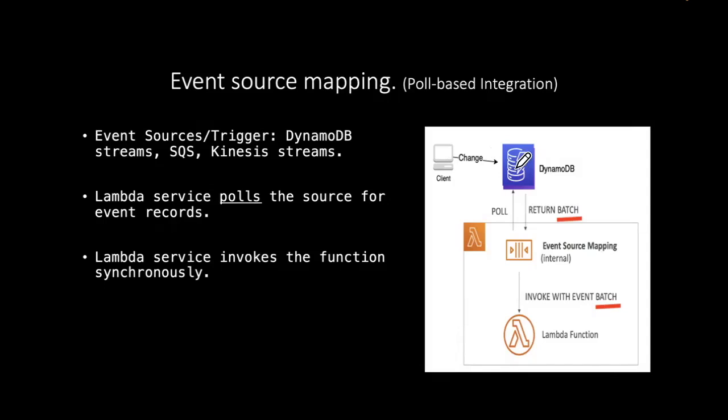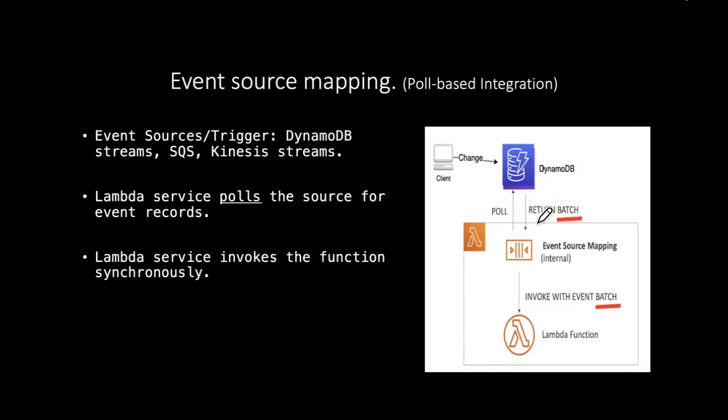Now, what DynamoDB does not do is tell the Lambda service about the state change. What actually happens is the Lambda service periodically polls the DynamoDB service, asking it, have there been any state changes in your database since I last polled you? It will respond with whatever state changes have occurred.